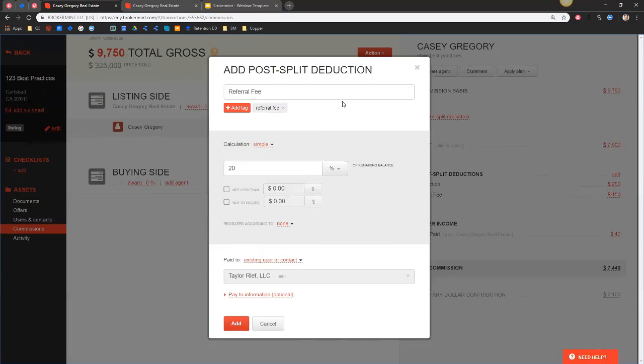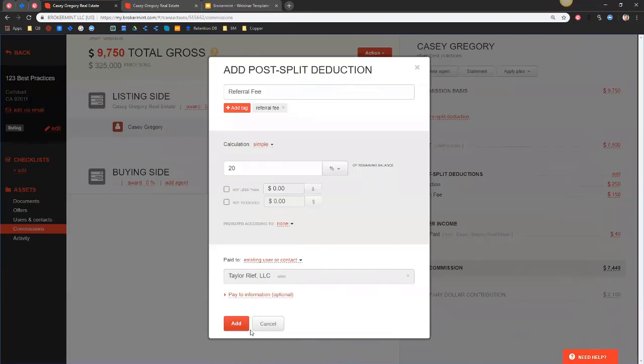What this allows me to do in my reports is I can pull up a report specifically for my tag referral fee and have a full breakdown of everyone who's paid referral fees, how much and to whom they've paid them to, as well as everyone who's received referral fees, how much and who they received them from. So this is the best way to track referral fees being paid out, is using your add a tag feature.